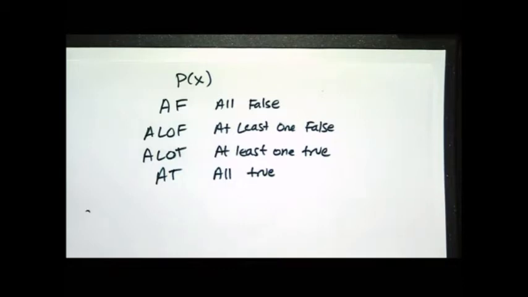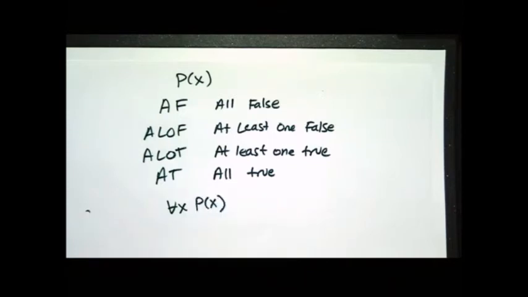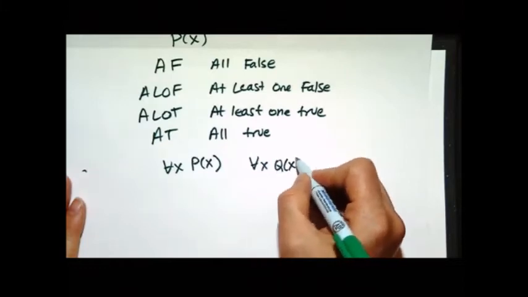So sometimes I have to look at P of X without a quantifier on the front of it, and I need to talk about how often it's true or false. So if I make the statement, for all X P of X, this is a proposition, right? It can be true or false. And I can make another proposition that's also true or false.